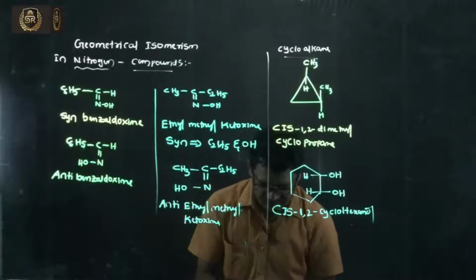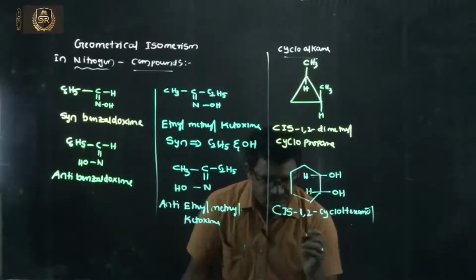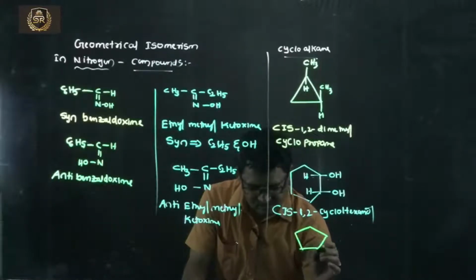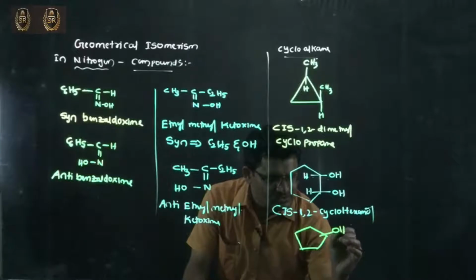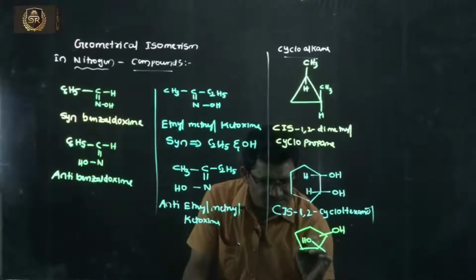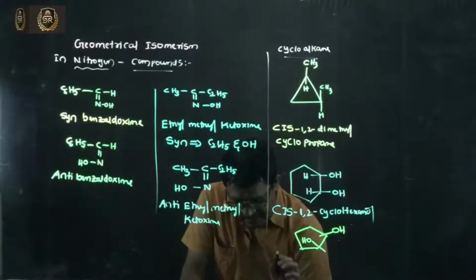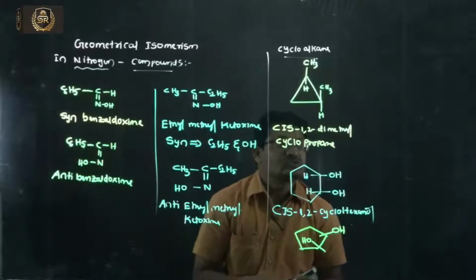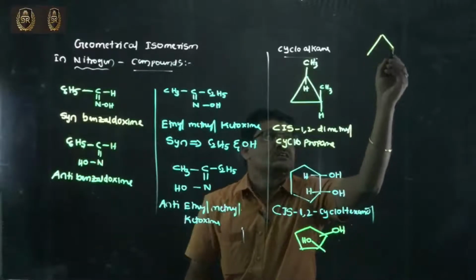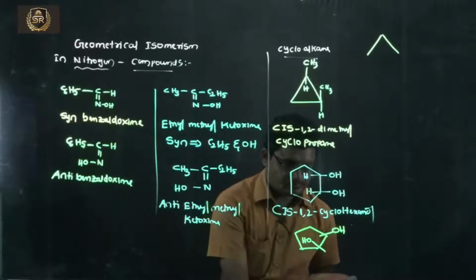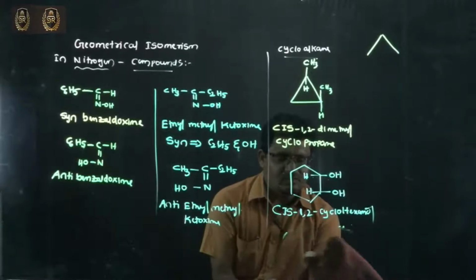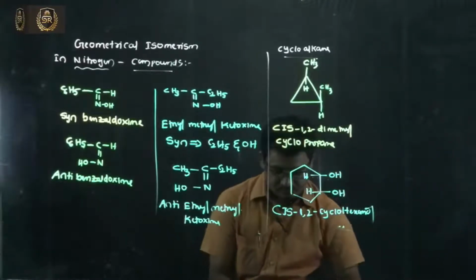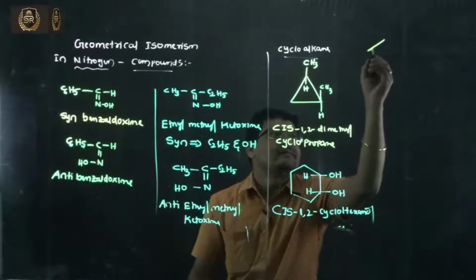Now one more example. This is a 5 membered ring, where the groups are trans to each other. That means this is OH, this side OH, this is trans 1,2 cyclopentane diol. So for example, like pentane.